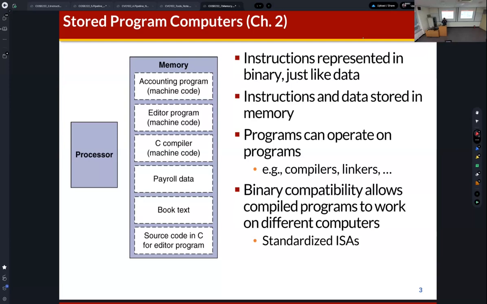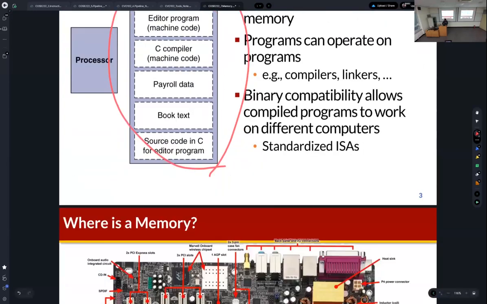The processor reads the stored instructions or stored data from memory, and then the processor executes instructions. So all required data or all required instructions exist in the memory of a computer system. So memory is a very important part.